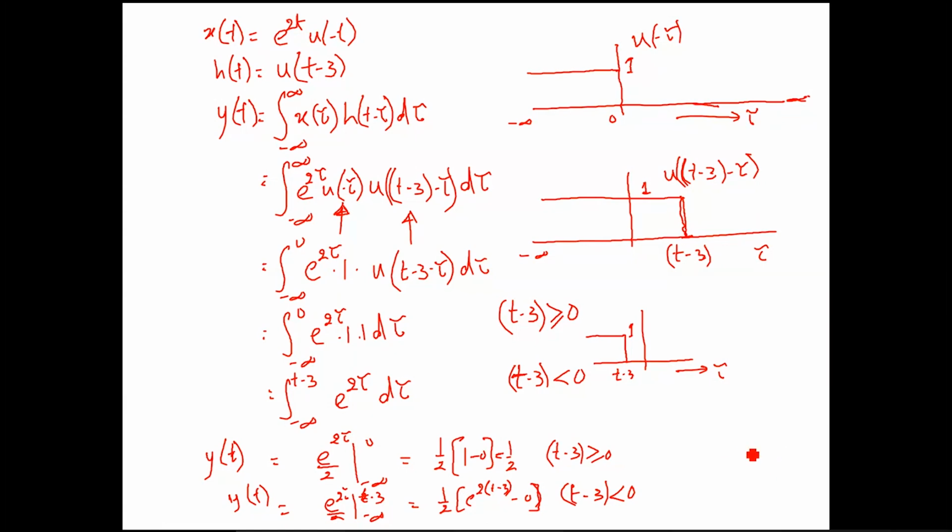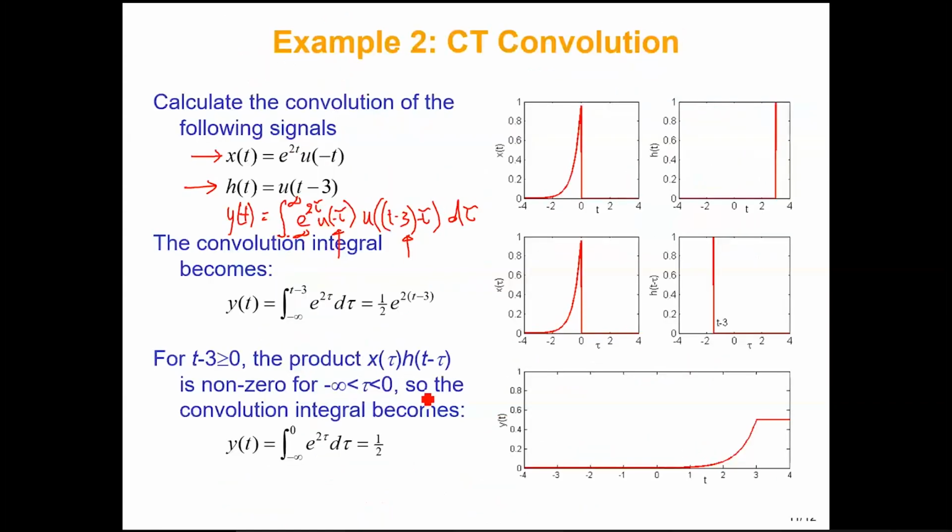Any confusions here? So if you see, the same thing is written right here. For the range where t minus 3 is greater than or equal to 0, it becomes the integral from minus infinity to 0 of e raised to the power of 2 tau d tau. The answer is 1 by 2.